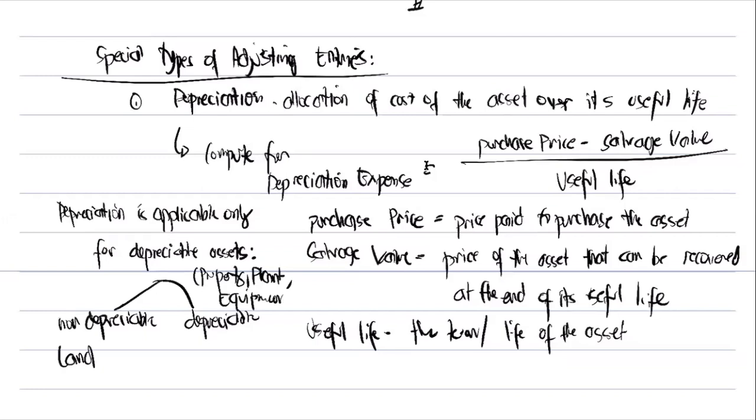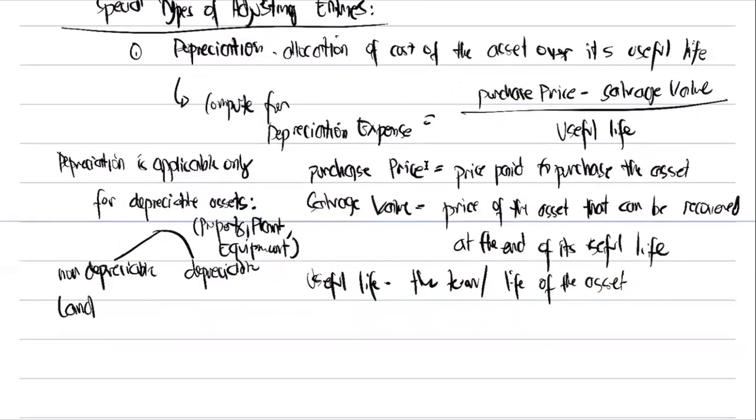So the items of property, plant, and equipment are land, we have your trucks, your vehicles, we have your machineries, we have your furnitures. So those are different properties, plants, and equipments. So if ever we talk about depreciation, it is only applicable for depreciable assets. Therefore, in non-depreciable property, plant, and equipment, such as land, we do not compute depreciation. So no depreciation here.